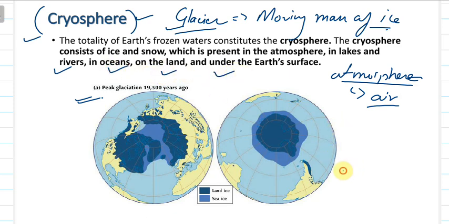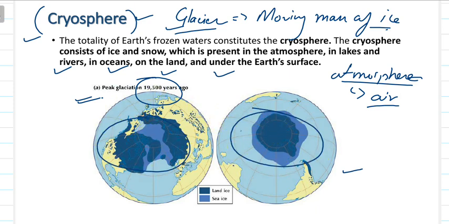If you can see in this image right now, this is the peak glaciation that happened 19,500 years ago, and you can see that the North Pole and South Pole have extensive ice sheets present in them, and there are some alpine glaciers in some continents, but most of the ice is present in the ice sheets.